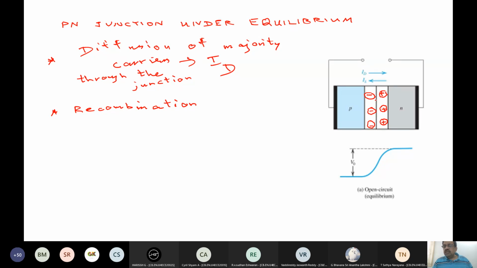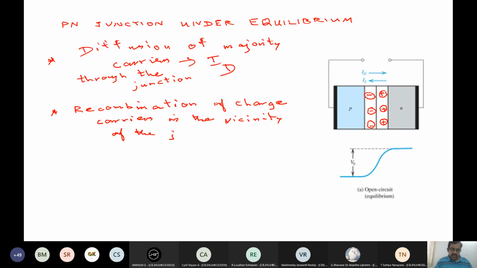That is why we say this region is depleted of charge carriers. So recombination of charge carriers, as explained, happens. I'm sure this point is very clear.